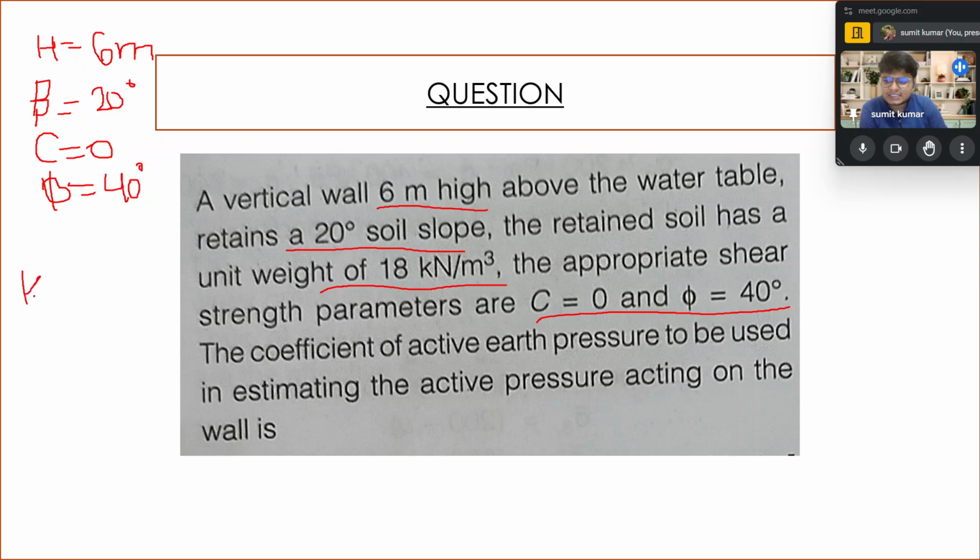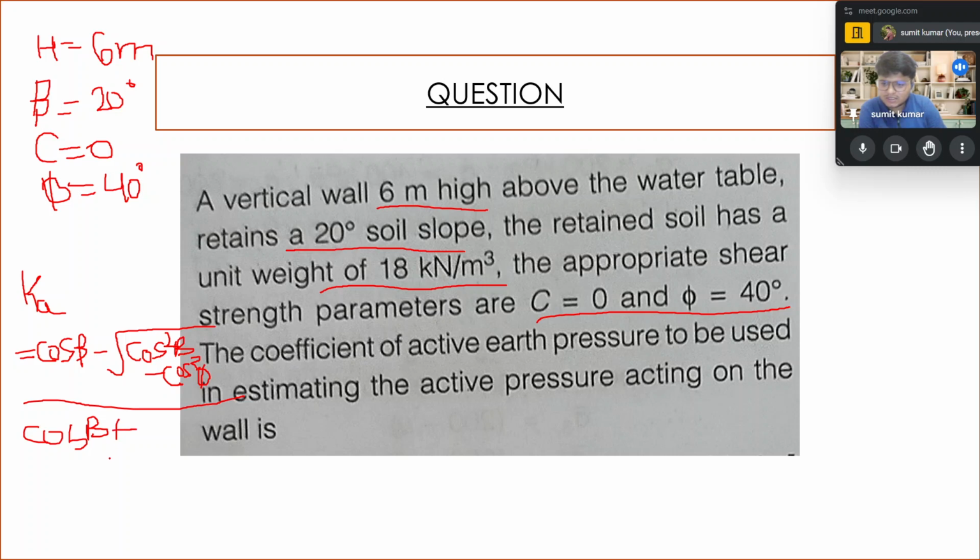We know the relation of Ka as cos beta minus root under cos square beta minus cos square phi, upon cos beta plus root under cos square beta minus cos square phi.